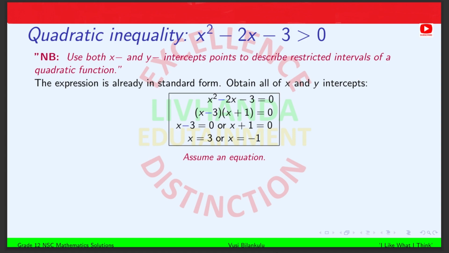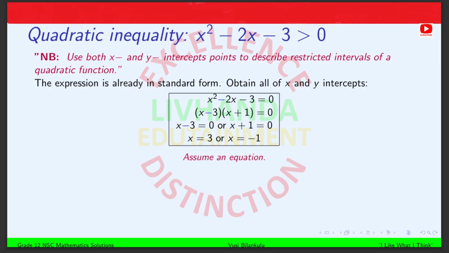Consider the inequality given by x squared minus 2x minus 3 greater than 0. Both intercepts of x and y are necessary to define the solution for this inequality. X-intercepts are obtained assuming equality instead of inequality.